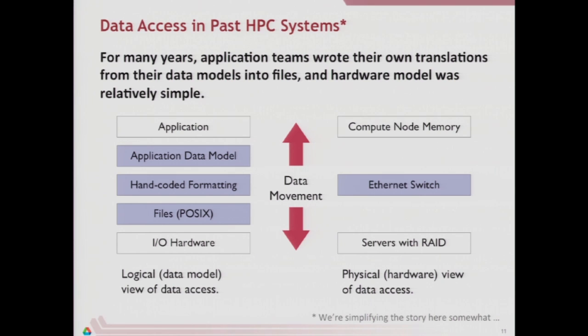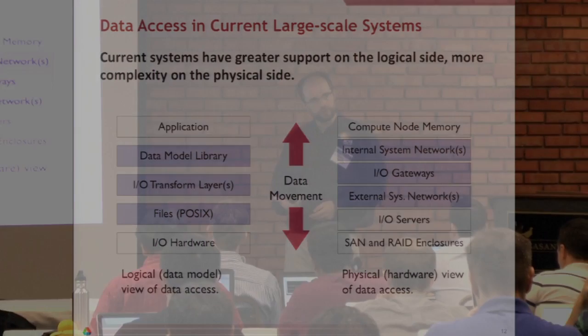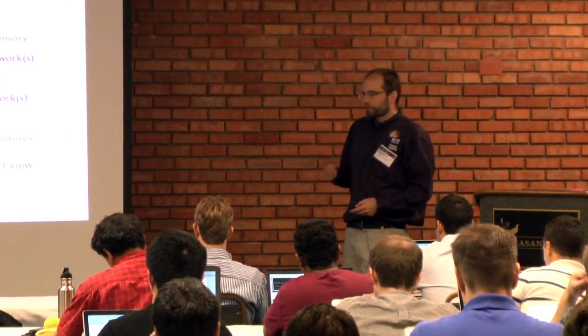But as we update our model for the current way of thinking, you have actual libraries doing this stuff for you. You have a data model library like ParallelNetCDF or HDF5 or something more sophisticated that lets the application describe what it's doing in a way that's comfortable to the application. There'll be some sort of transformation that happens.